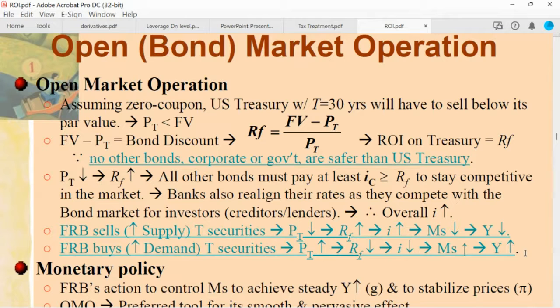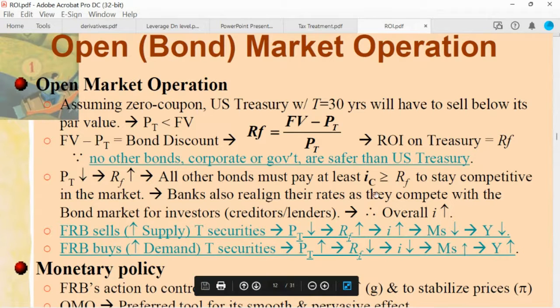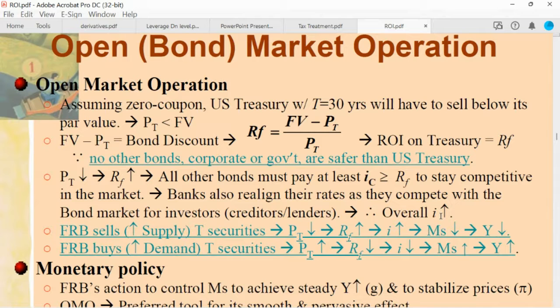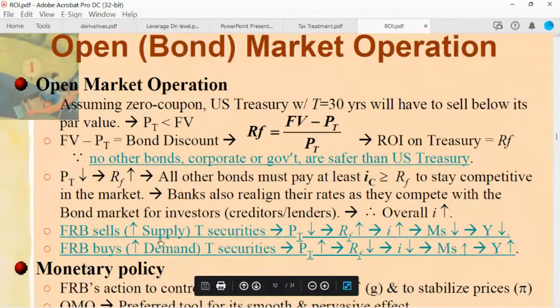Think about it. When overall interest rate goes up throughout the economy, that also includes the Fed funds rate. Fed funds rate will have to also go up or go down with the open market operation. And also one more thing.